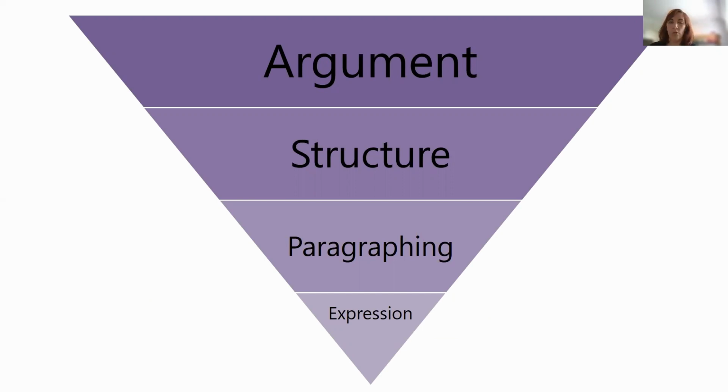And you won't know how to structure anything, how to create good paragraphs, and how to express those paragraphs clearly without understanding what you want to say, which is your argument. What ties this all together? What is your assertion? What is your claim for the overall thesis? And then how does that relate to your claims for your chapters?